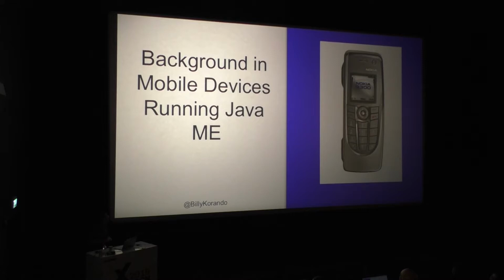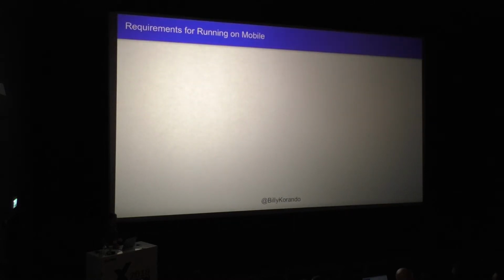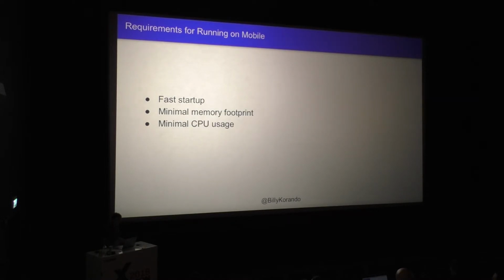They had a background in mobile devices running Java ME. So their concentration was to be able to work efficiently in this mobile small device environment. And of course, to run in that sort of environment, on a physical phone device that's small, you need a fast startup. There's not much memory on the phone, so you need minimal memory footprint.